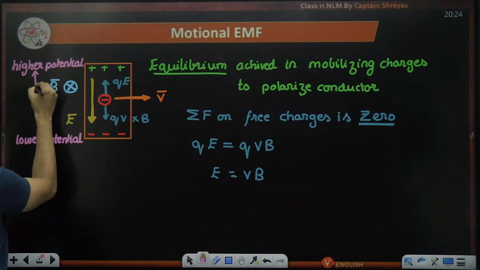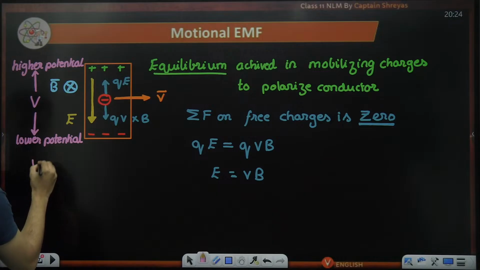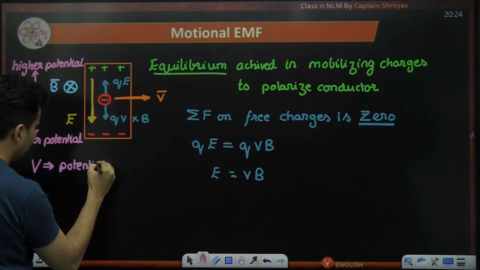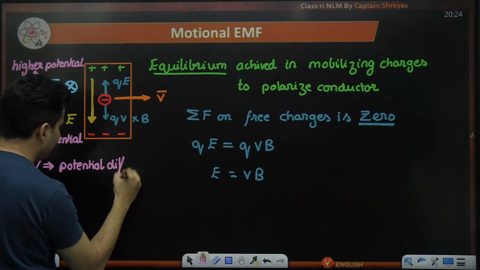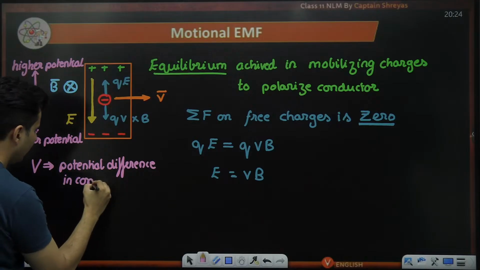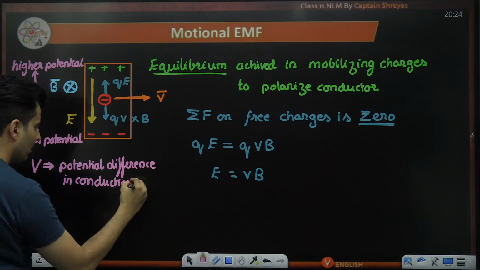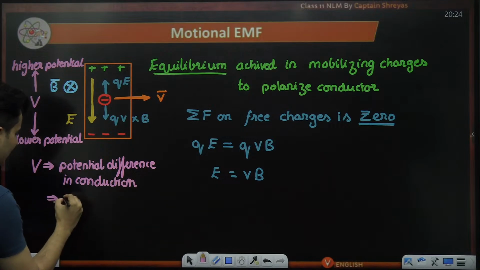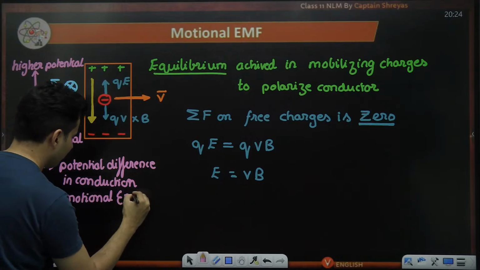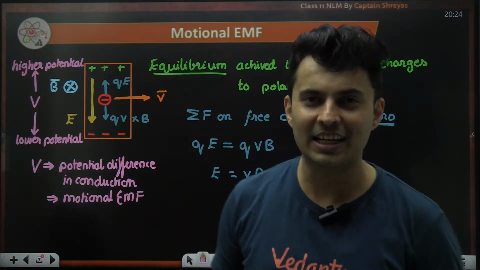So clearly now we have the potential difference. V stands for the potential difference in the conductor, and this particular potential difference is then called the motional EMF, which is introduced in that conductor.